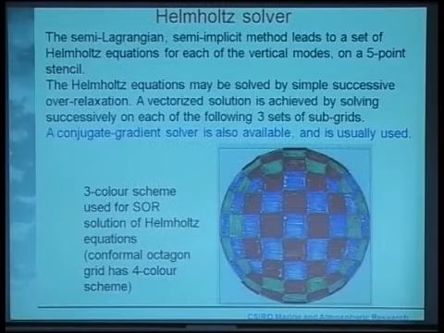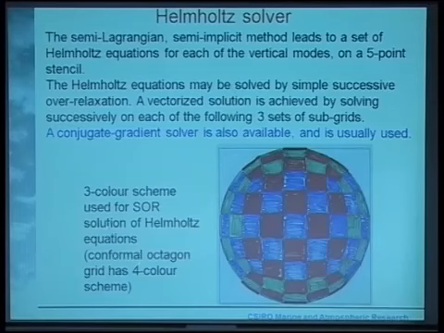Helmholtz solver I don't really need to show, but I like my 3-colour picture. So if you do it with successive over-relaxation, instead of a red-black scheme, you have a red-blue-green scheme. And each of those is decoupled, so you could use a vector on the blue ones, then the red ones, then the green ones, and did that originally.